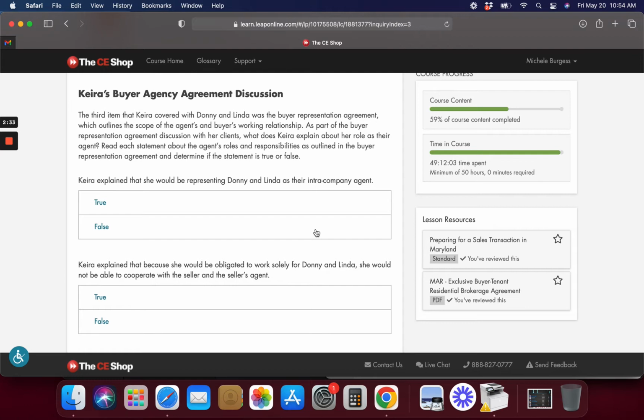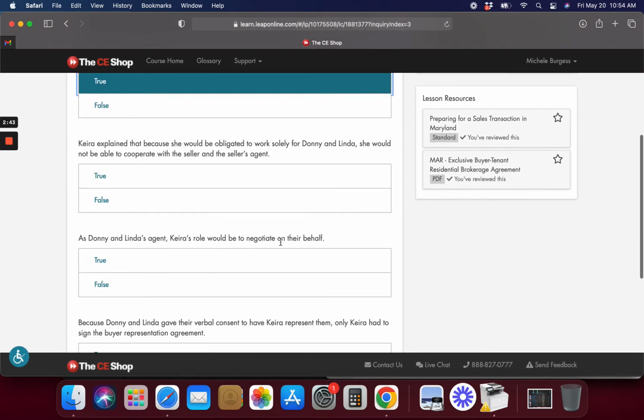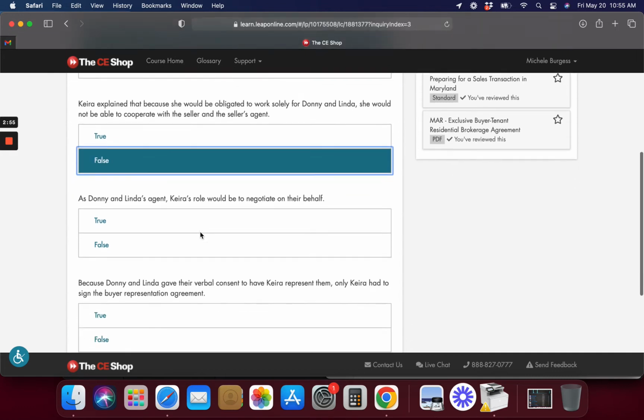Kira explains she will be representing Donnie and Linda as their intra-company agent. Okay, I think that's correct. Kira explained that because she would be obligated to work solely for Donnie and Linda, she would not be able to cooperate with the seller and seller's agent. False. If you're trying to get something sold, you need to cooperate.